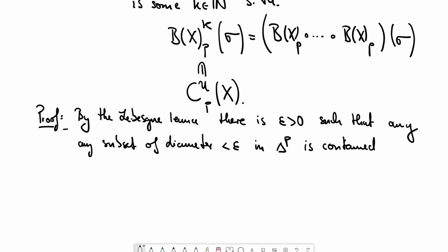It's contained in one of the subsets, the pre-image of Uj. So we have this subspace of Euclidean space, delta p, with the usual metric. On that space, you have a cover whose interiors cover the whole delta p, and this is just a pullback of the cover U on X.